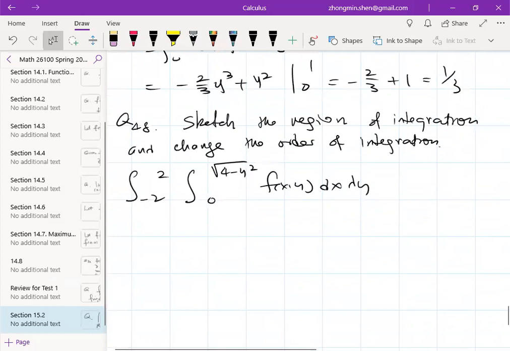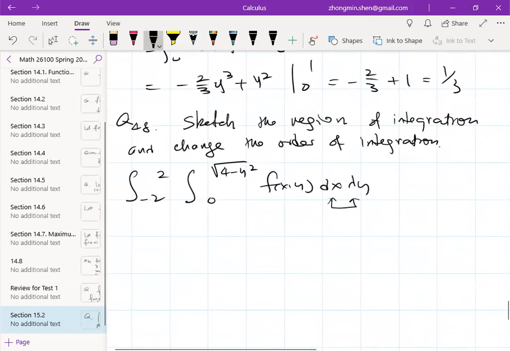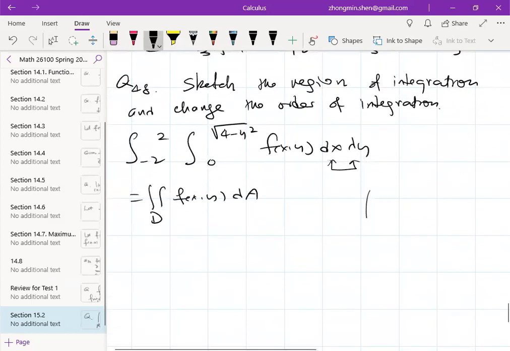I wanted to interchange these two. So you have to figure out where it's from. It is from some double integral, okay? So you have to figure out the D. Yeah, let's draw the picture here.